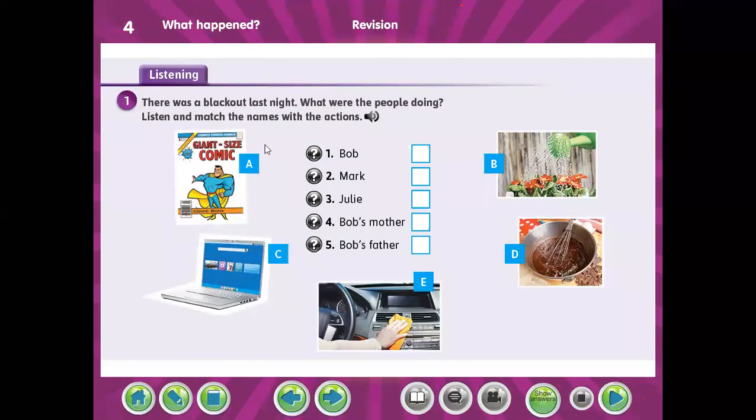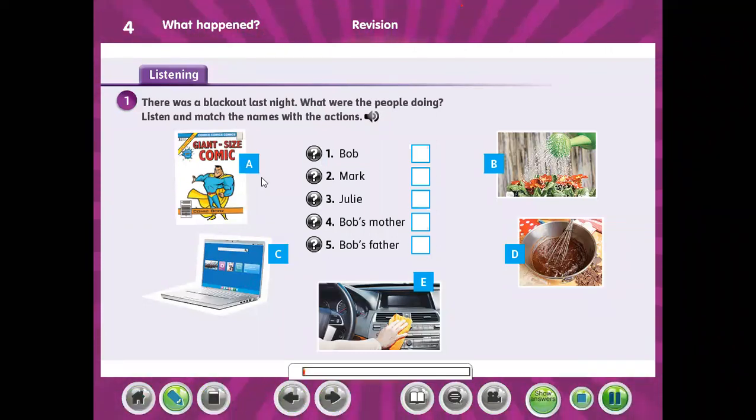It's about Bob and Bob's family. Listen, and what was Mark doing in the incident? Where was Mark? Where was Julie? What was she doing? What was Bob's mother doing in this incident? Listen, please, and match, okay?